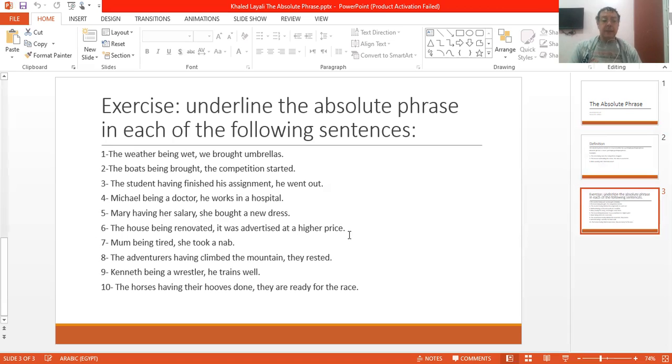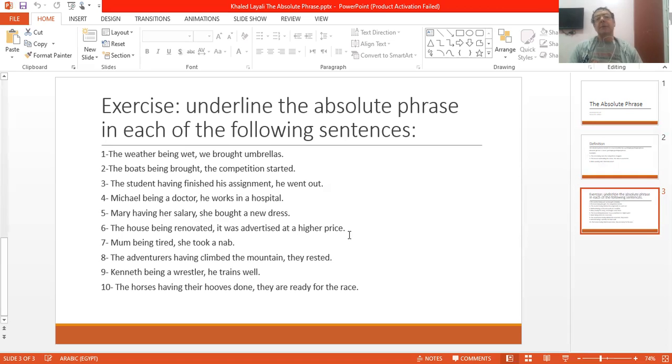All right. How about number five? Mary having her salary, she bought a new dress. Mary is again a proper name, can be replaced with the pronoun she, and then having her salary is a participial which modifies Mary. So Mary having her salary is an absolute phrase.